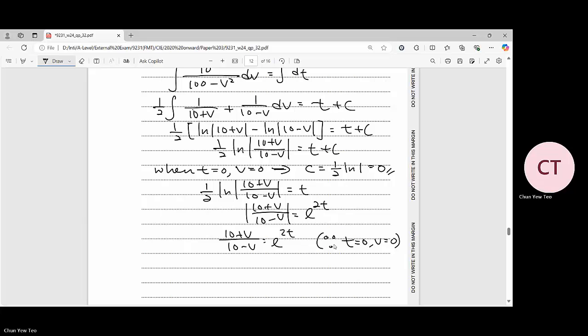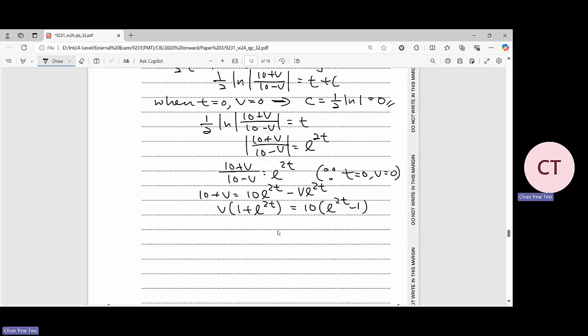Okay. Now, we cannot leave the answer like this because we want the answer in terms of v, in terms of t. So we have 10 + v equals 10e^(2t) minus v e^(2t). So we have v(1 + e^(2t)) equals 10(e^(2t) - 1).